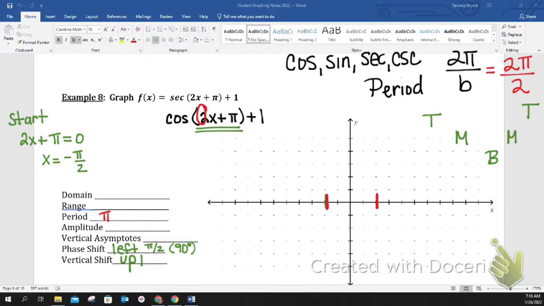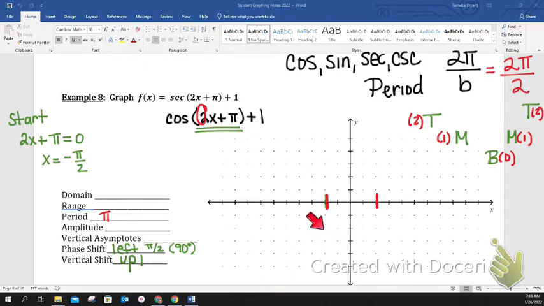So here in my pattern, where it says the midline, my midline is 1, so I'm going to put a 1 right here. Because of that amplitude, I'm going to add 1 to get to the top. What is 1 plus 1? 1 plus 1 is 2. And then 1 minus 1 is 0. So my numbers are 2, 1, 0, 1, 2.